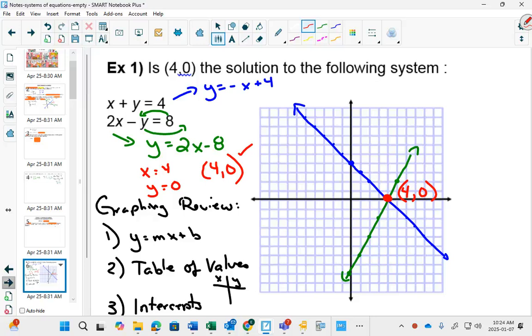Some people might say, I wasn't very good at guessing and checking. Maybe the graphing way is faster for me. Sometimes what we do in real life is we start by guessing and checking because we think it would be faster, and then we can't find an answer, and then we're like, oh, I guess I'll have to try another method.